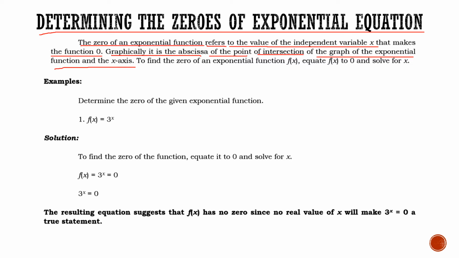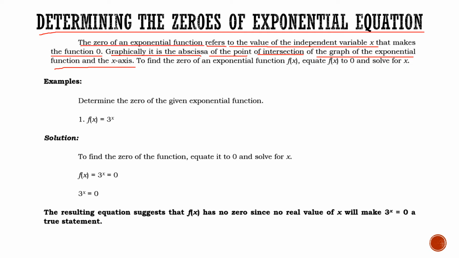Because if there is a given value on your x-axis, there is no y-coordinate. Once the point of intersection falls exactly on the x-axis, there is no vertical distance from the x-axis, meaning y is equal to 0.